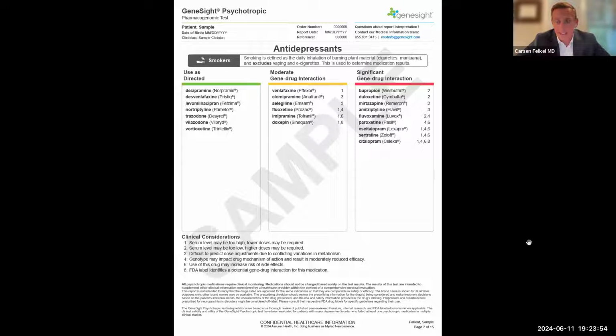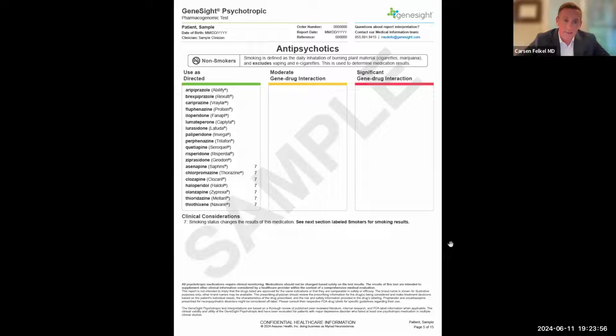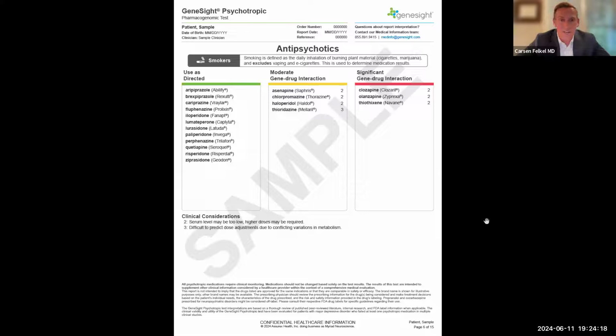If you'll just go to the antipsychotic page, and let's say we're trying to stabilize someone with bipolar 1 manic episode or a patient with schizophrenia, look how many of our very important antipsychotics are inducible by 1A2. Some pretty important medicines, olanzapine, Haldol, clozapine. So then if you go one more, Rachel, let's say they are smoking every day, you again will see how they've been shifted to the red or yellow with that 2 next to it.